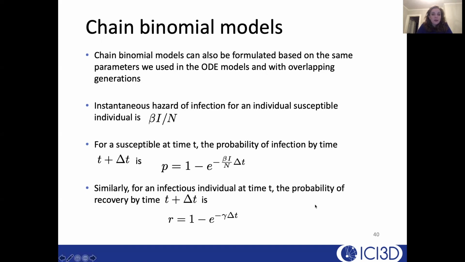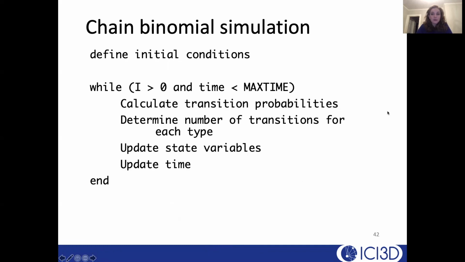But similarly, for the recovery probability r that we introduced, we can define that as 1 minus e to the negative gamma delta t, where gamma is the recovery rate parameter that has shown up in the other models. So again, we have another set of pseudocode for the chain binomial simulation. It looks very similar.